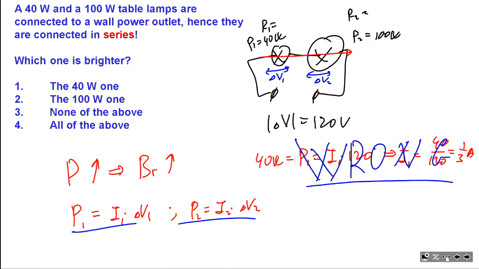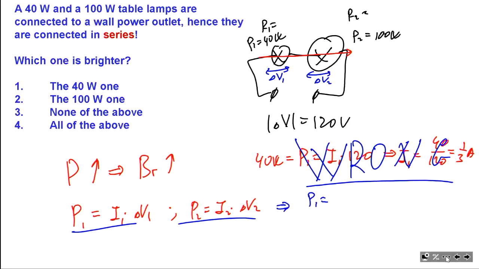Well, and we don't know the current. What does it mean? Well, it means we have to try a different equation. For example, since they have the same current, probably it's easier to have an equation with the current. So let's make a transition.